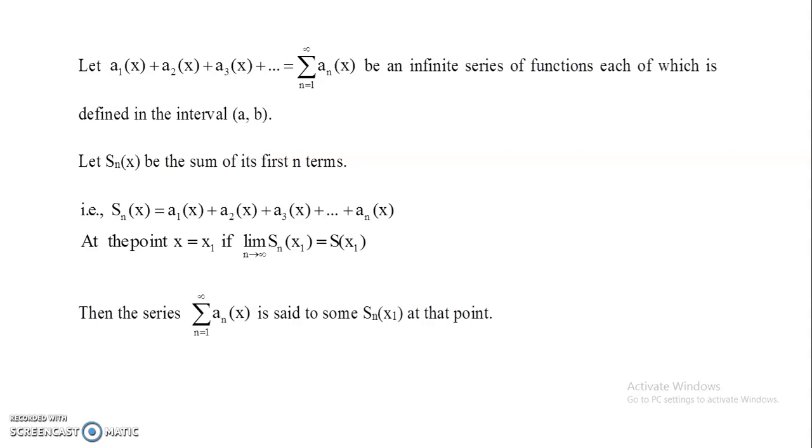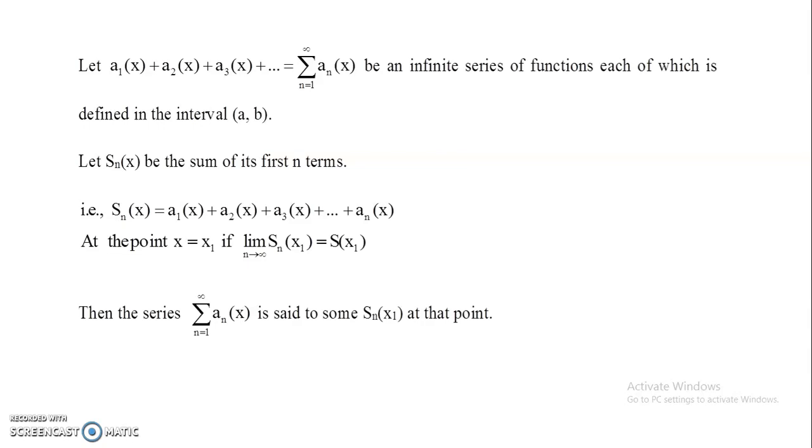So as we know already, the partial sum: let a1 of x plus a2 of x plus a3 of x and so on, an of x, be an infinite series, each of which is defined in the open interval ab. Let Sn of x be the sum of its first n terms, that is Sn of x.